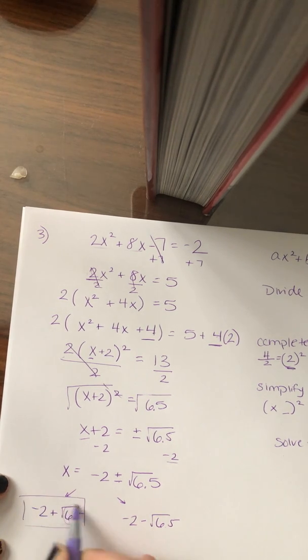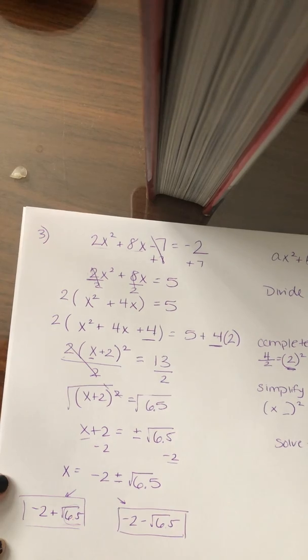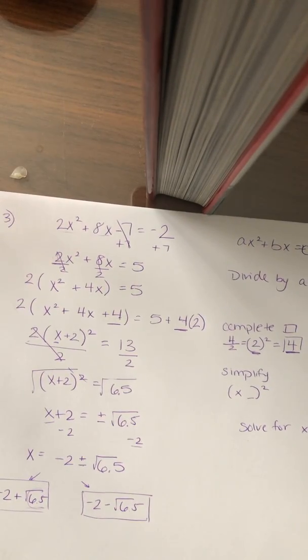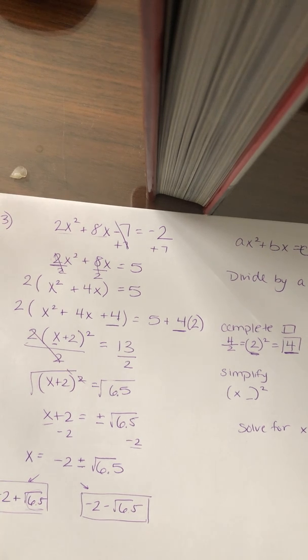Some of them you're going to get a perfect square in here, and some of them you can just leave like that. Okay? So that was number 3. Hopefully this helps you. Ask me questions if you have them. But just follow these steps and make sure you are solving for x.